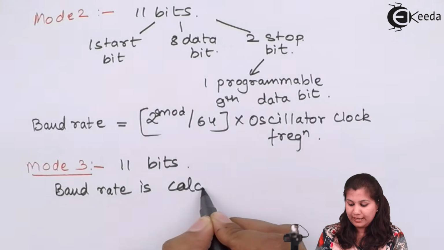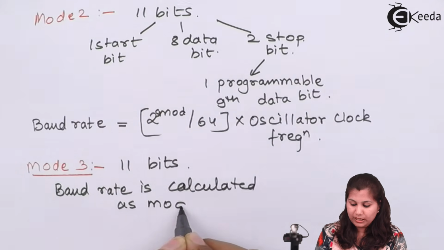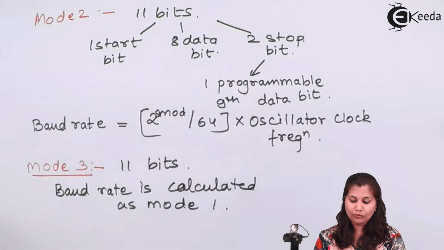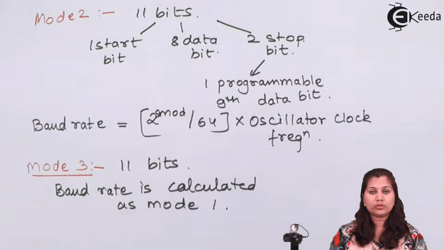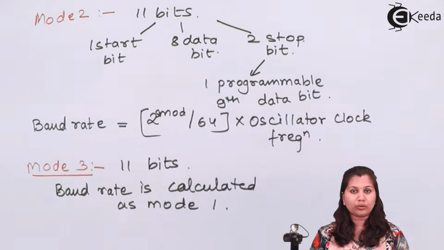Otherwise it is similar to mode 2. So these are the 4 serial communication modes in the 8051 microcontroller.